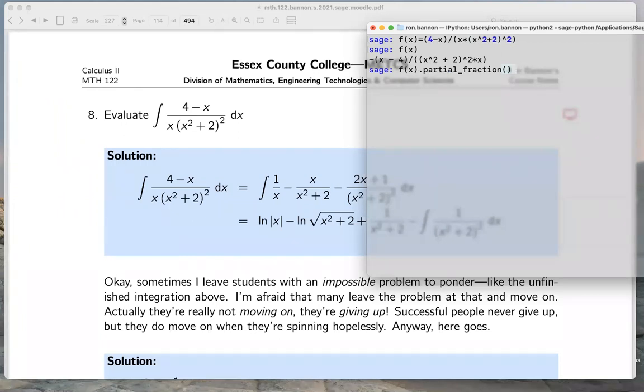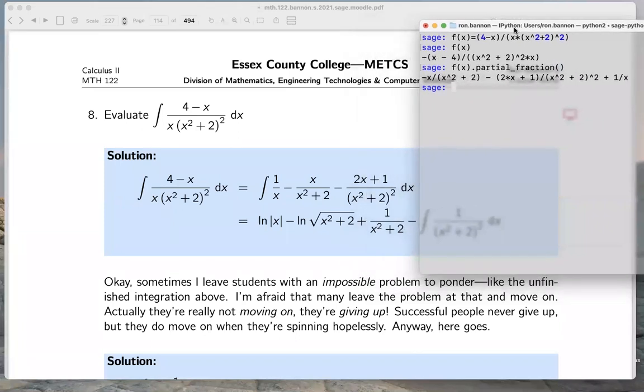And we did that, remember? So the question is, did it do it? It did do it. Was it quicker than we did it? Yeah, a lot quicker. But are we getting 1 over x? Yes. Are we getting minus x over x squared plus 2? Yes. Are we getting the subtraction of (2x plus 1) over (x squared plus 2) quantity squared? Yes, we're getting all that.